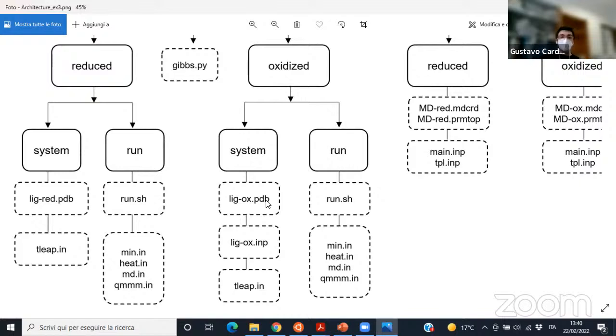This means that we are going to obtain different point charges. And at this point, we're going to put our hands for the first time on the Orca software. So we're going to perform a quantum mechanical calculation in order to obtain, as I said before, point charges for the oxidized species.